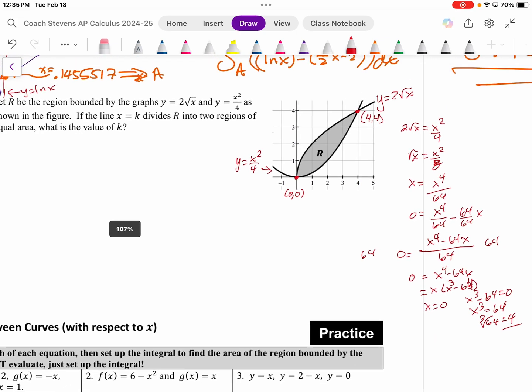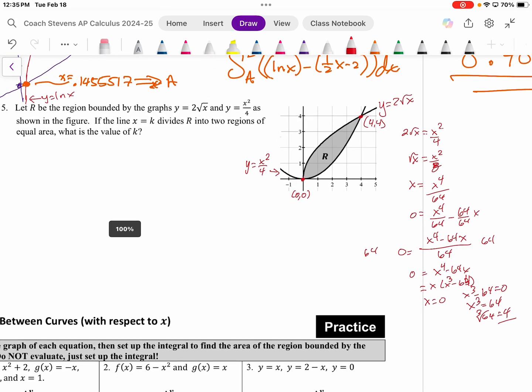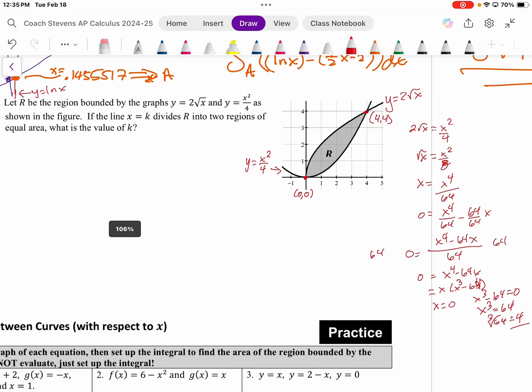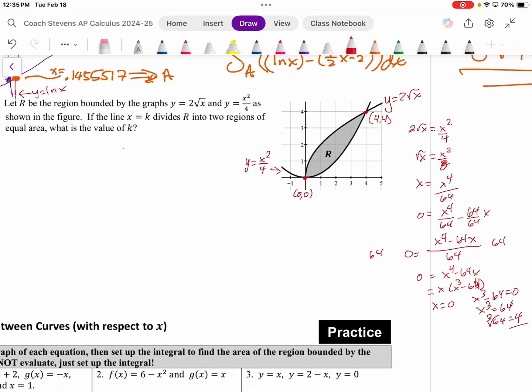So now they said, okay, if the line x equals k divides R into 2 regions of equal area, what is the value of k? So where do we think it is? Maybe something like there.